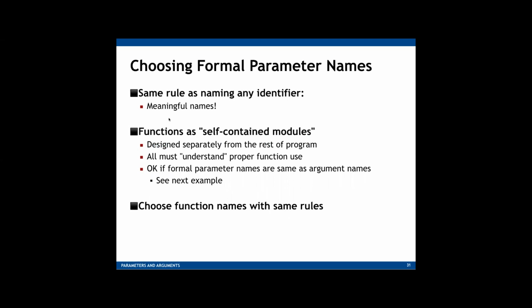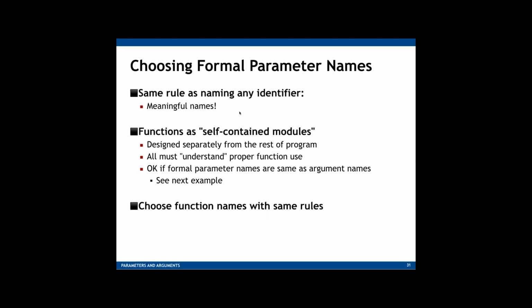Another thing I'd like to talk about regarding parameters is naming. We should give meaningful names to parameters. We already talked about naming rules for identifiers in week 1. Like identifiers, we should give meaningful names to function parameters so that people can easily understand the purpose of each parameter and the function.